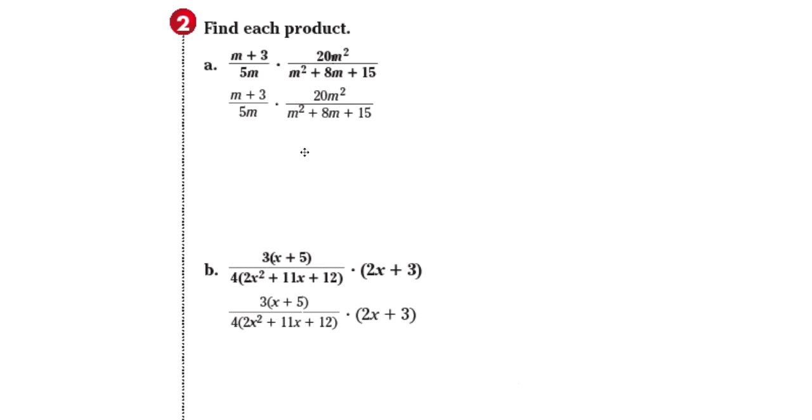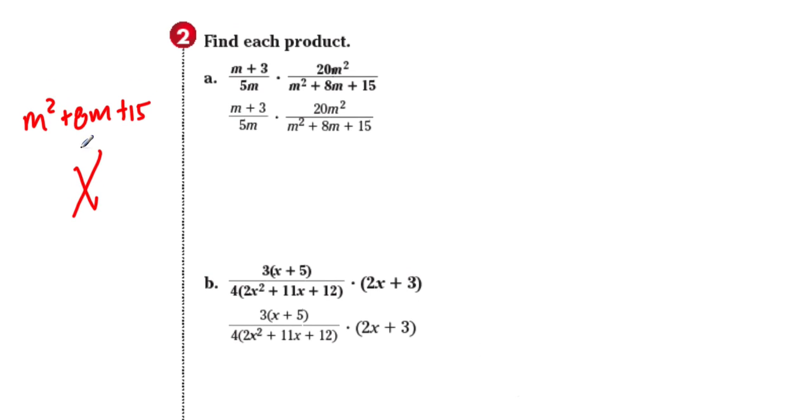If you factor it, this becomes 15, and this is 8. Two factors are 3 and 5, therefore this is m plus 3 times m plus 5, right there.